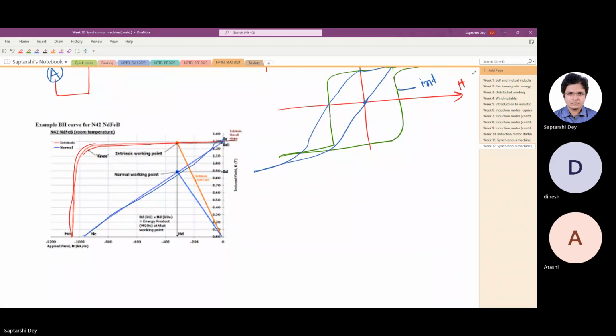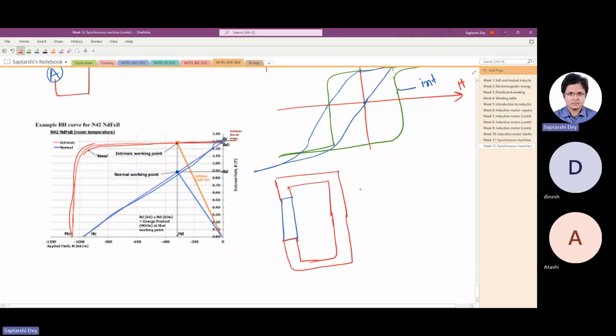Now let us look at, actually this requires some calculations. Let us quickly do it. Suppose you have a magnet placed in an iron keeper.